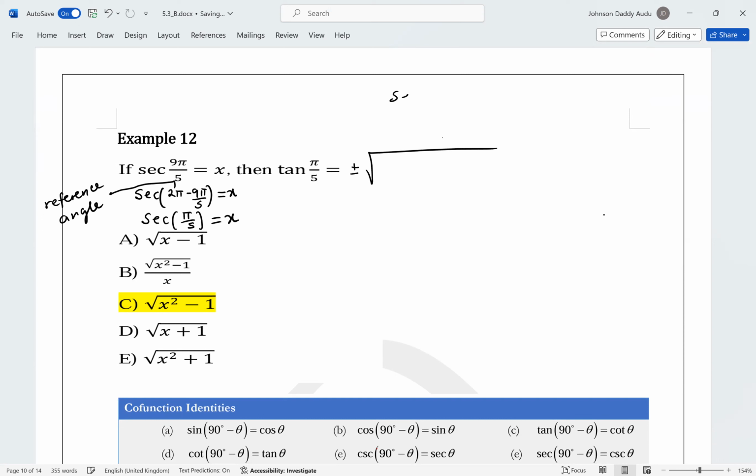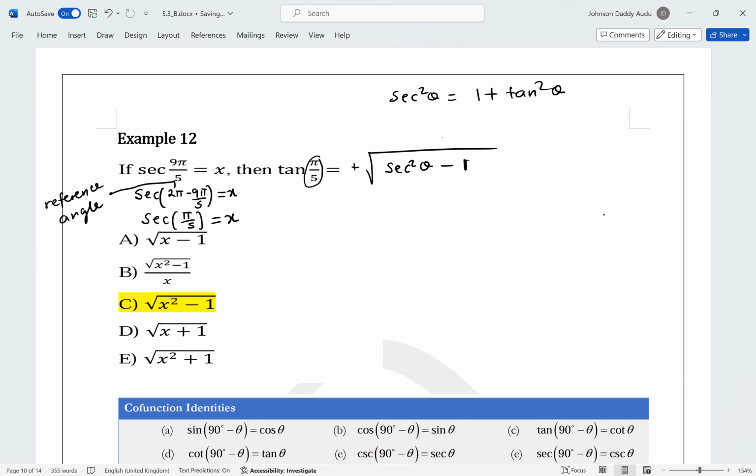Let me write it again. This is the formula: sec squared theta is 1 plus tan squared theta. So if you are looking for tan squared theta, it's just going to be sec squared theta minus 1. But here also we need the positive one. Why? Because this is pi over 5, which is in the first quadrant, so its tan is going to be positive.